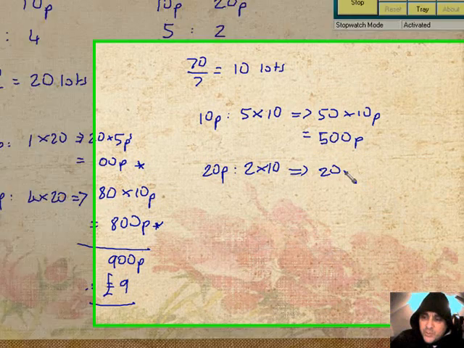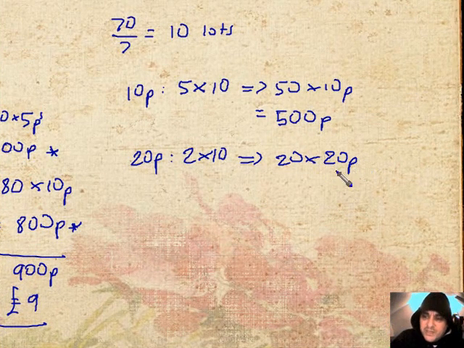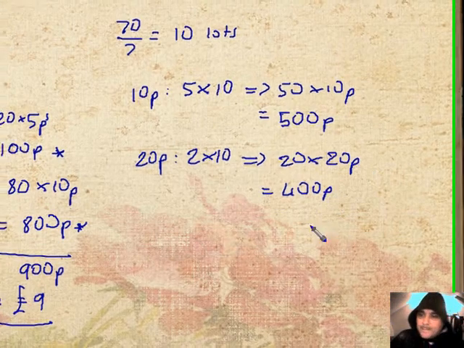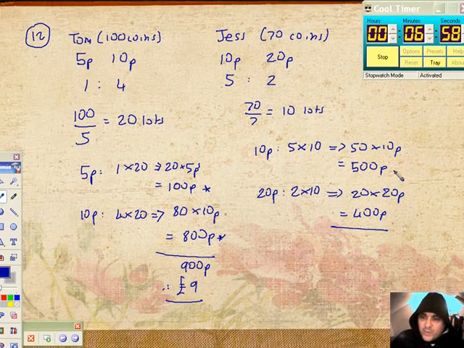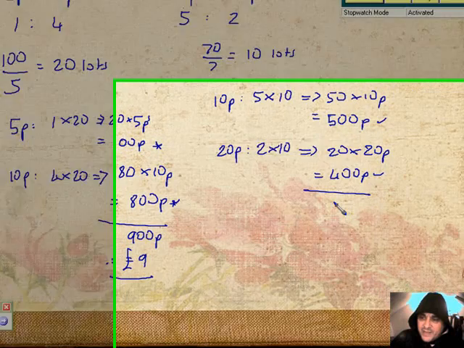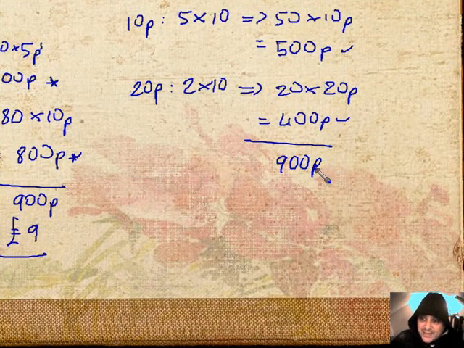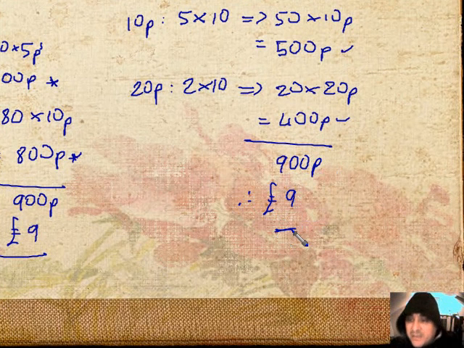That will become 20 lots of 20p, and that gives us 400p. Altogether we got the 500p and the 400p. We have 900p again, and therefore Jess also has £9. Therefore both Jess and Tom had exactly the same amount of money.